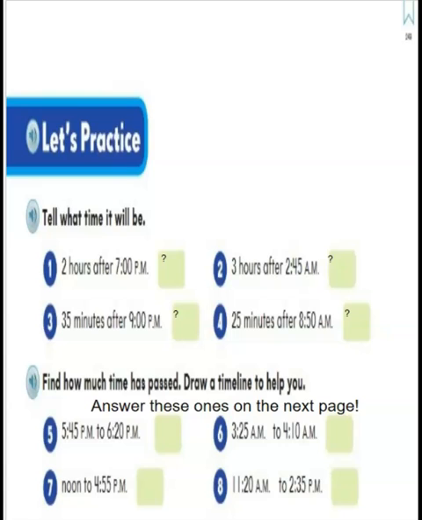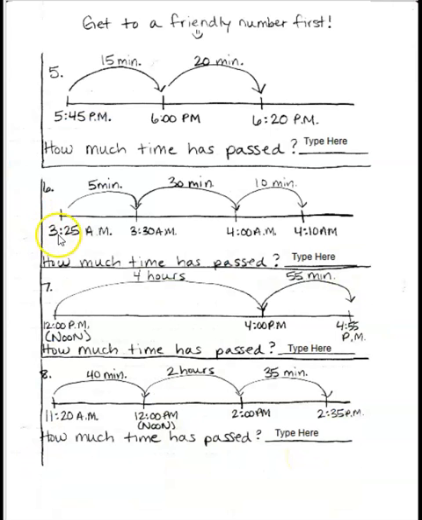Okay, for number 6, you're starting at 3:25 a.m. and you're going to 4:10 a.m. So let's take a look at that one. So we're starting at 3:25. So I went ahead and got us to 3:30 because 3:30 is still a pretty friendly time, and we know it's only 5 minutes from 3:25 to 3:30.